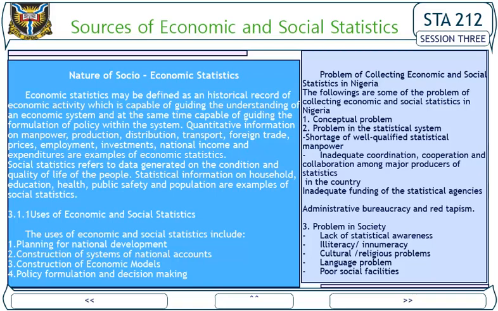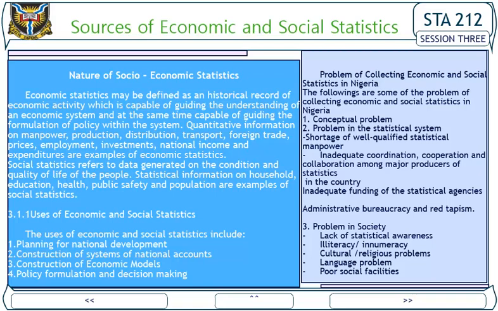Quantitative information on manpower, production, distribution, transport, foreign trade, prices, employment, investment, national income and expenditures are examples of economic statistics. Social statistics refer to data generated on the condition and quality of life of the people. Statistical information on household, education, health, public safety, and population are examples of social statistics.